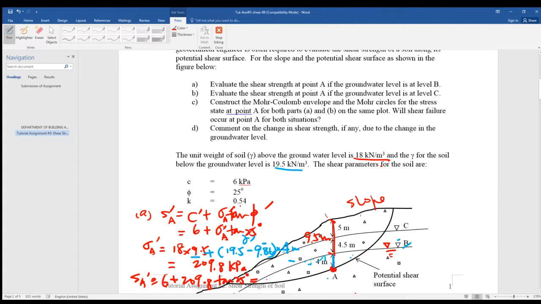It gives you 209, sorry, it gives you 103.8. So is that okay?